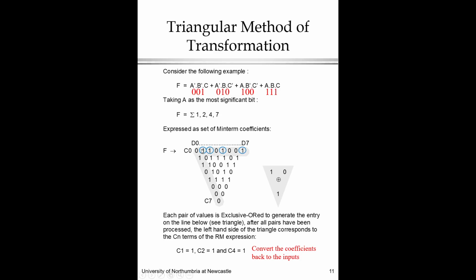So 1, 1 will give you 1, 0, but we'll take the last one, so it's 0. So 1, 0: 1 plus 0 is 1, 0 plus 1 is 1, 1 plus 0 is 1, 0 plus 0 is 0, 0 plus 1 is 1.